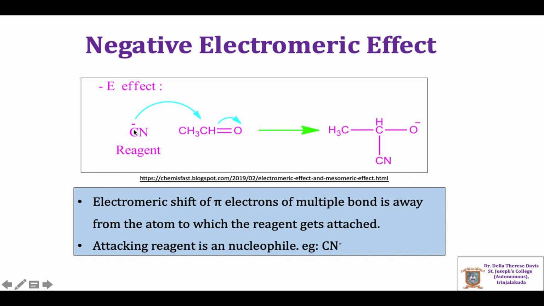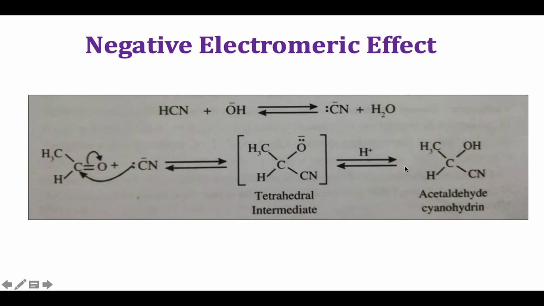When the CN minus reagent attacks the carbonyl group, the electron pair shifts towards oxygen. Oxygen gains a negative charge and carbon gains a positive charge, and when CN minus attacks this center, the negative charge of the CN minus and the positive charge of the carbon neutralize, forming a tetrahedral intermediate.